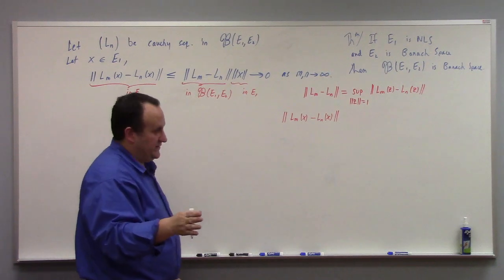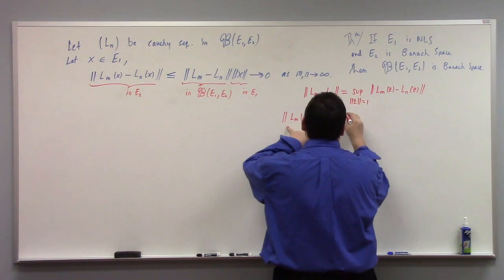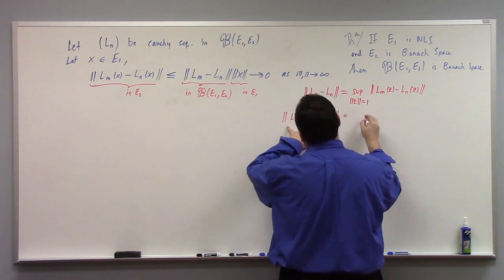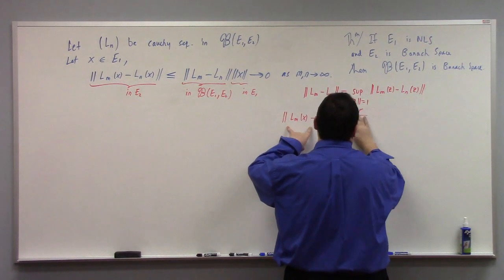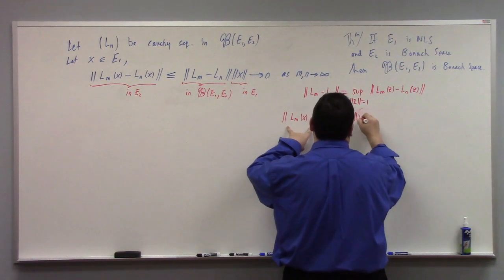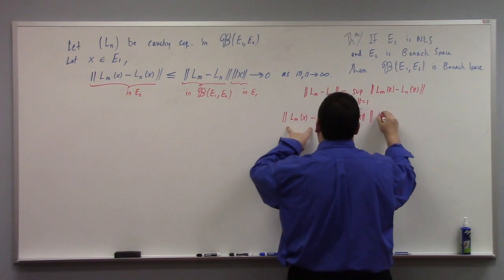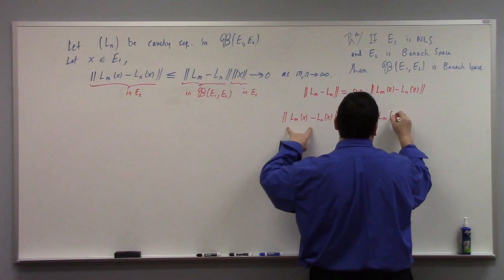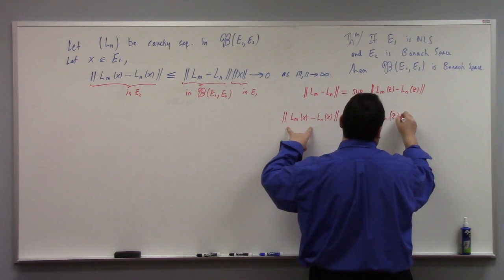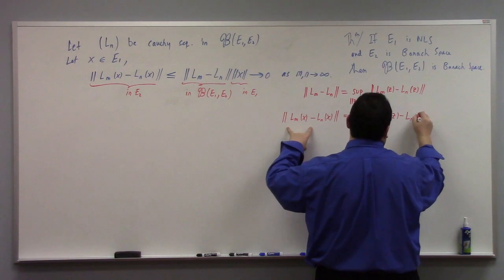If x is not equal to 0, we can rewrite this as equal to the length of x times the norm of Lm of z minus Ln of z.